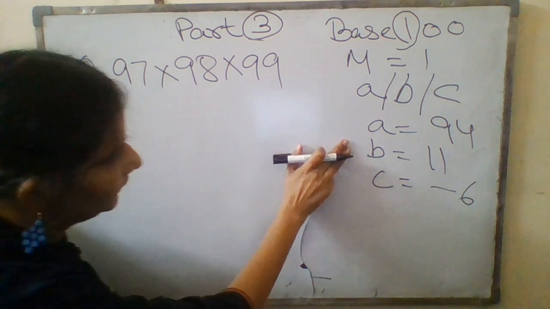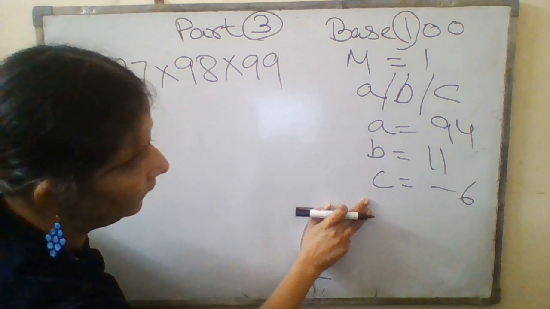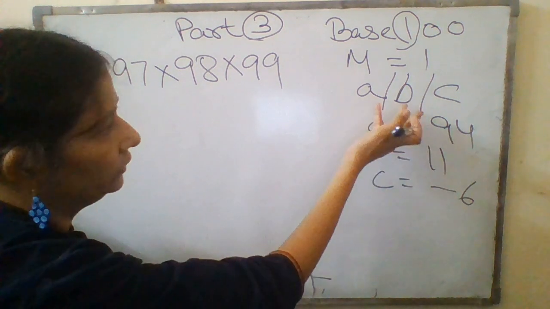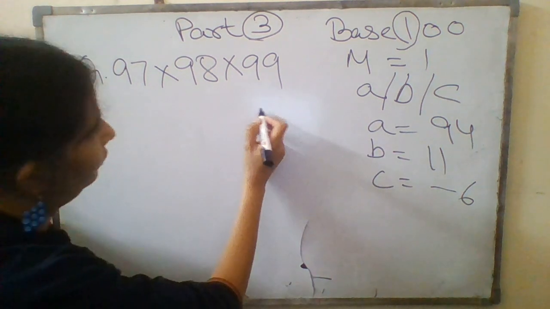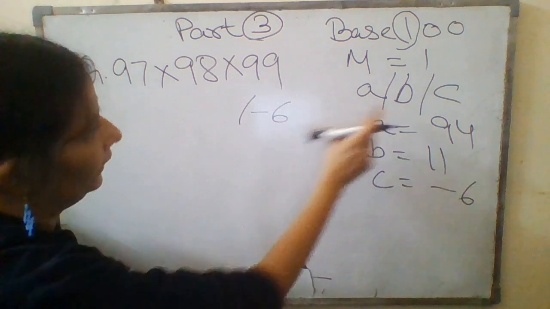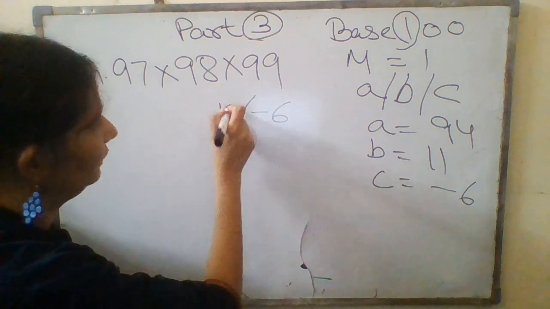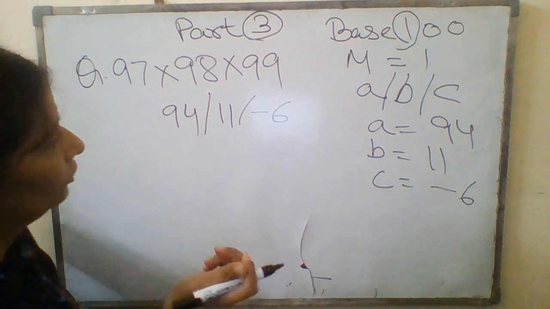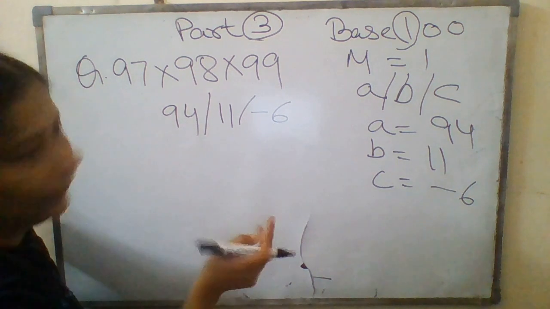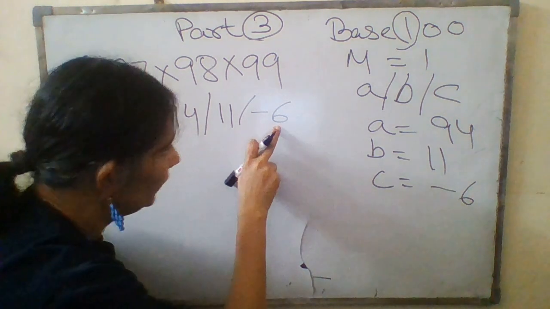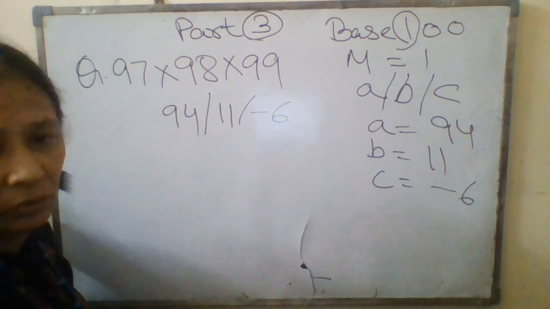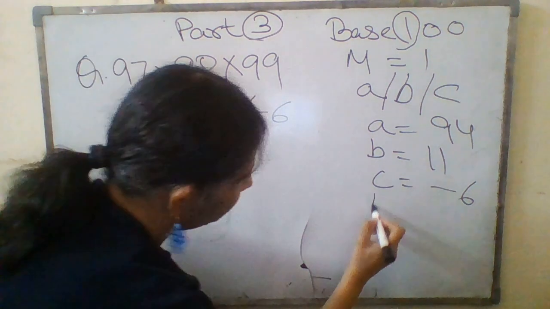Now these are the values of A, B and C. Now we have to put these values in: value of C is minus 6, slash value of B is 11, slash value of A is 94. Now you have to do the balancing. Here you can see minus 6, and there is one most important point.